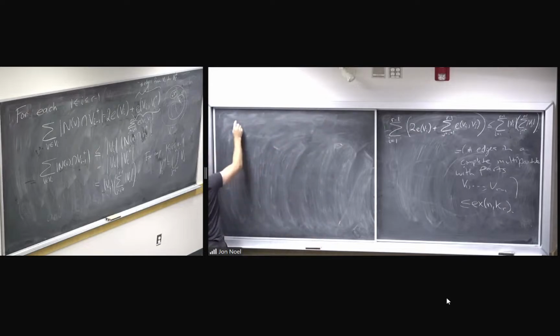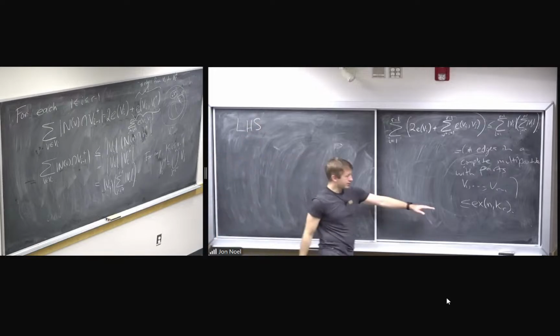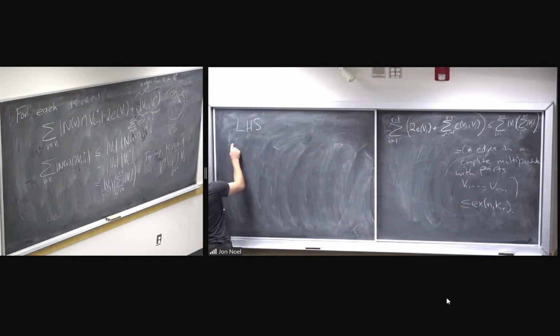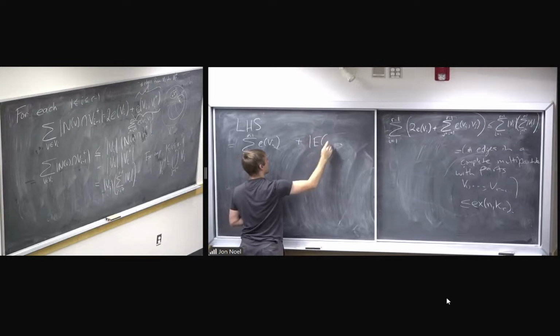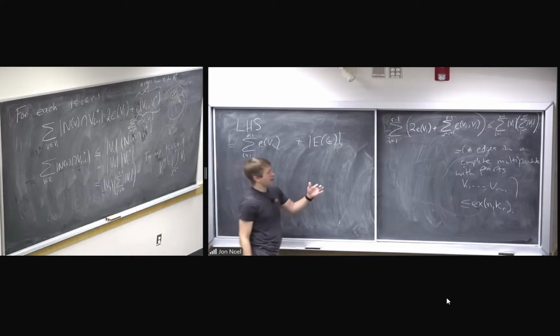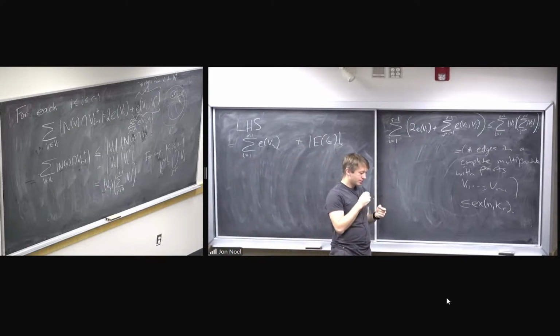Okay, the right-hand side is at most the extremal number of Kr. The left-hand side, I claim, is the sum over all i equals 1 to r minus 1 of the number of edges in Vi, plus the number of edges of G. I'm claiming this sum counts every edge of G once, except for the edges within Vi, which get counted twice.